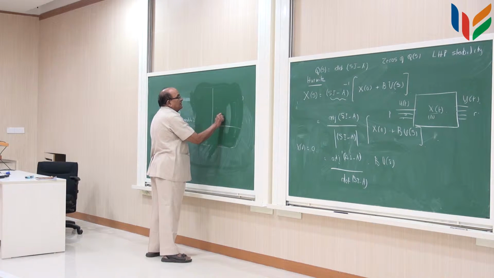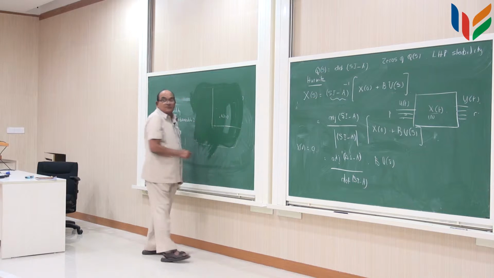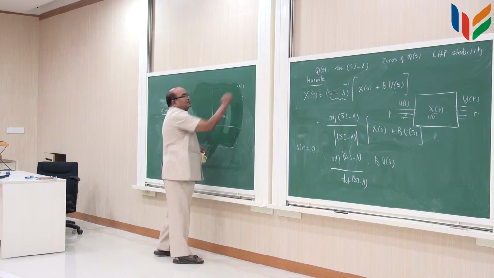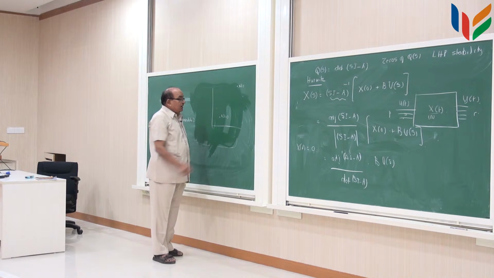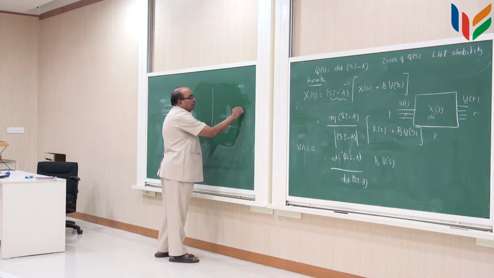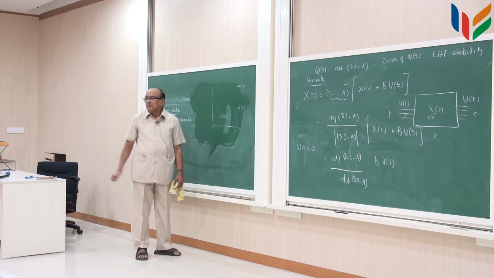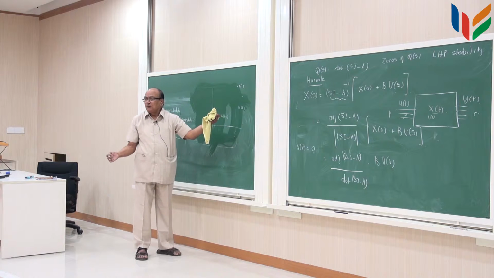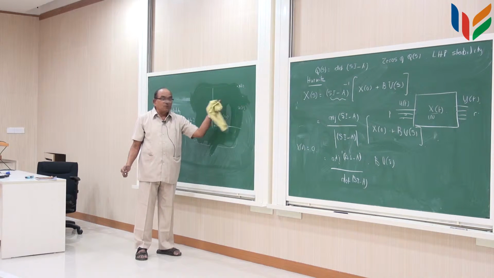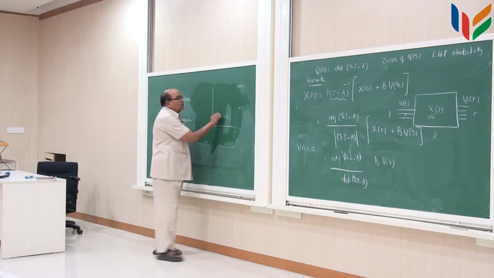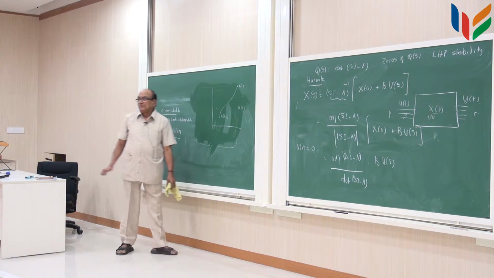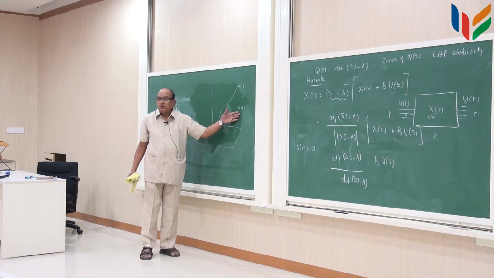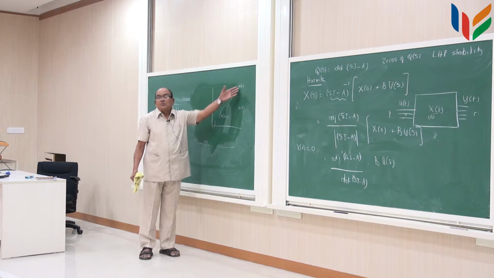You are sitting at x of t0 and you want to move to some x of t, right. So, by giving some u of t, can we give a u of t? Are there some u of t which is applicable to this system such that this moves from here to here? If such an input set is not available at all, not possible at all, then you can't move it from here to here.